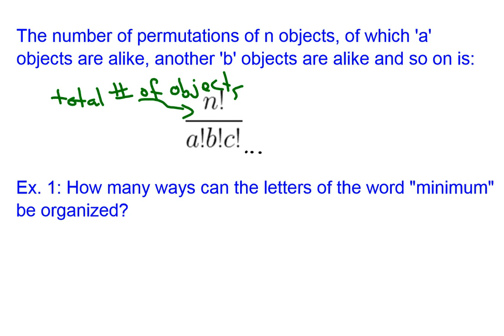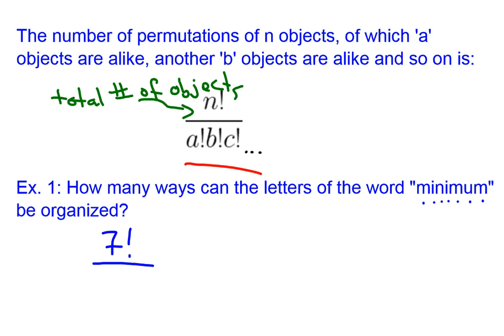So here's an example. Again, sticking with arrangements of letters, how many ways can the letters of the word minimum be organized? According to what we just talked about, we should count the total number of letters. 1, 2, 3, 4, 5, 6, 7 letters in total. So if they were all different, there would be 7 factorial ways to organize those letters. But we have some duplication.